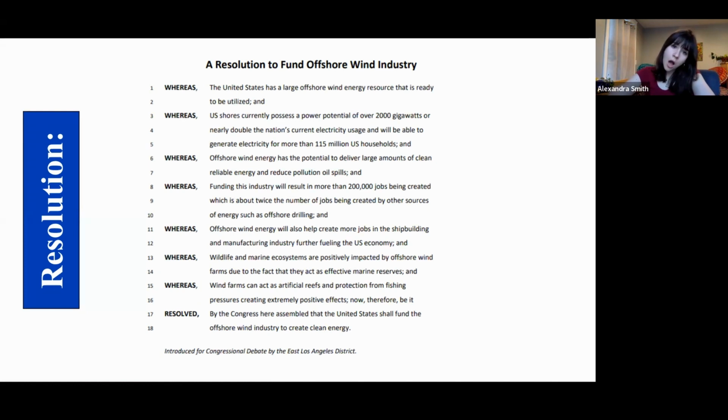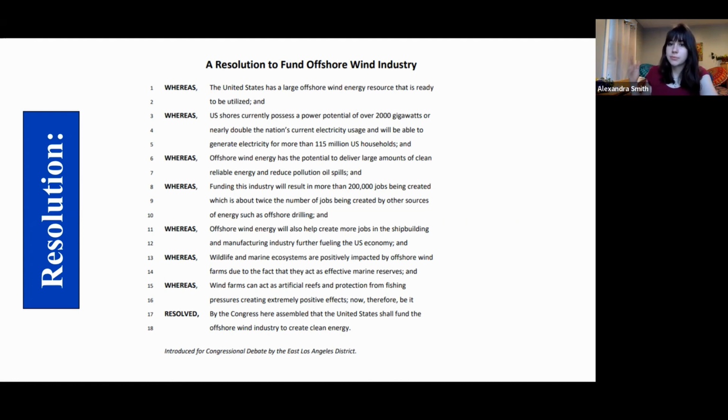And offshore wind energy has the potential to deliver large amounts of clean, reliable energy. You know how to read. Pause it, read them, see that these whereas clauses stack upon one another until you get to that final resolved clause. By the Congress here assembled, that the United States shall fund the offshore wind industry to create clean energy.